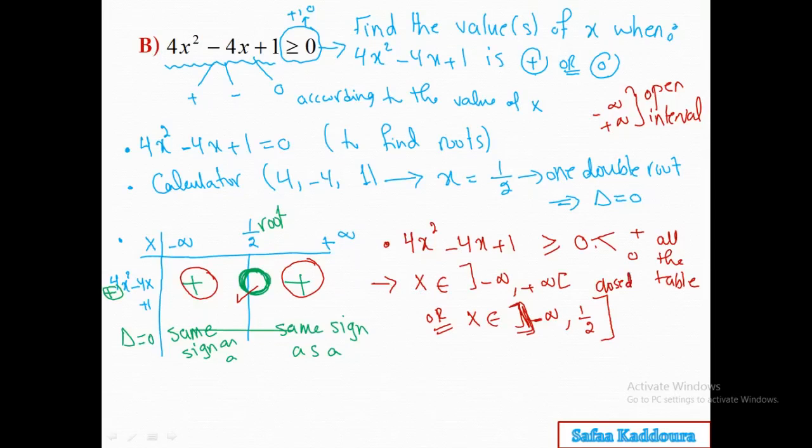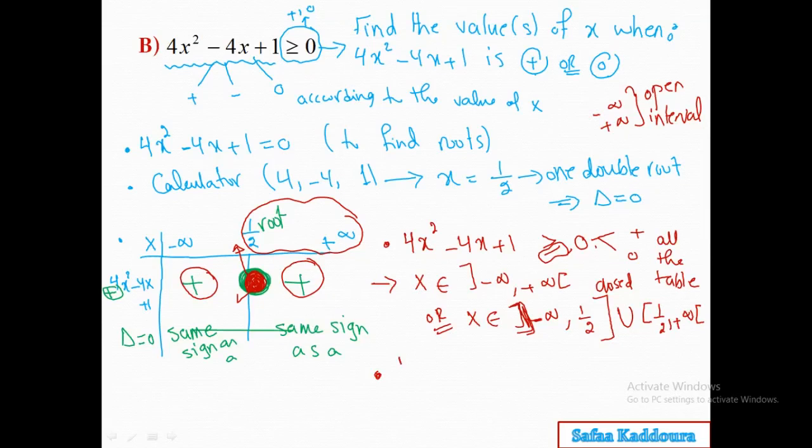Why? Because I have or equal to 0. So at 0 means at half I will close the interval. Union, the second part is from half to plus infinity, and at half I will close the interval.